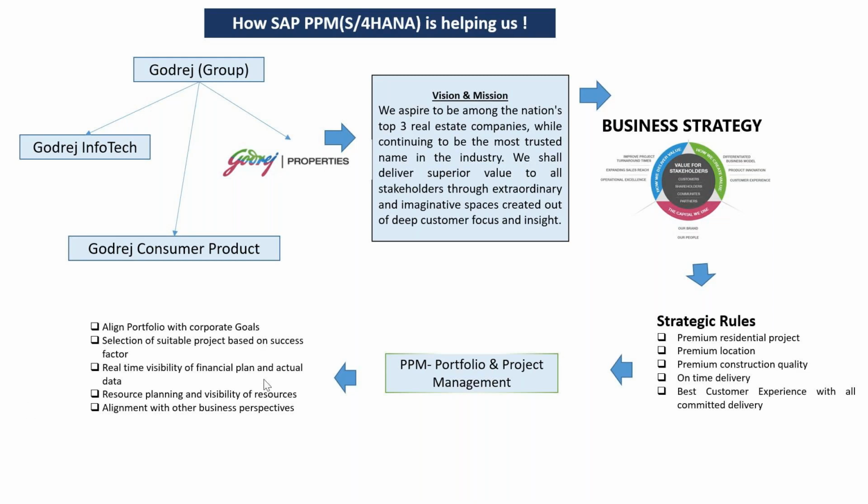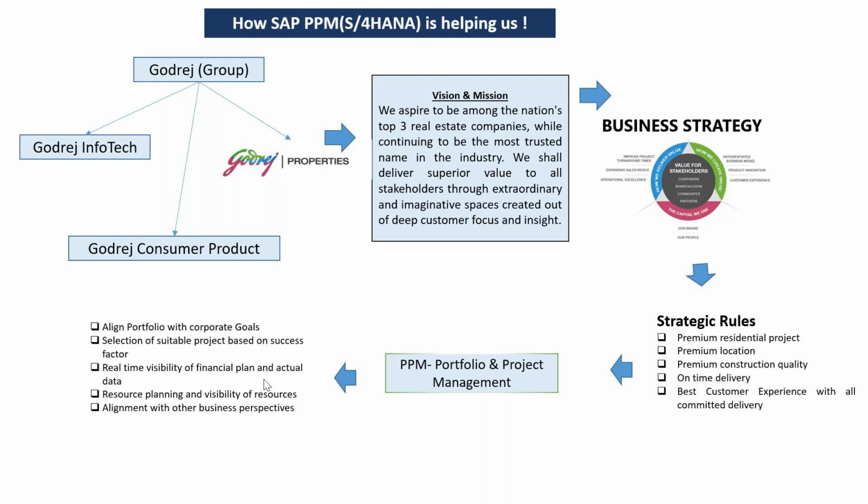It is providing real-time visibility of financial plan and actual data. So at the next level, when you are analyzing your requirement or any initiative, it is helping us to give the complete visibility of your financials and resources. And in a later stage, it will help us to visualize your actual details also, actual data.